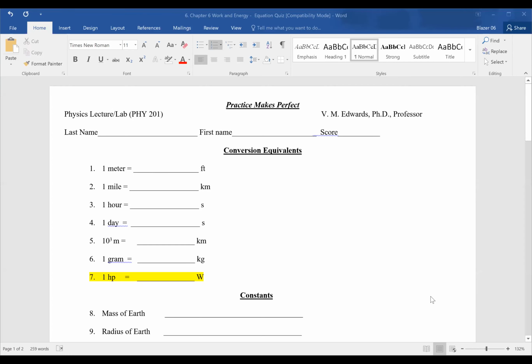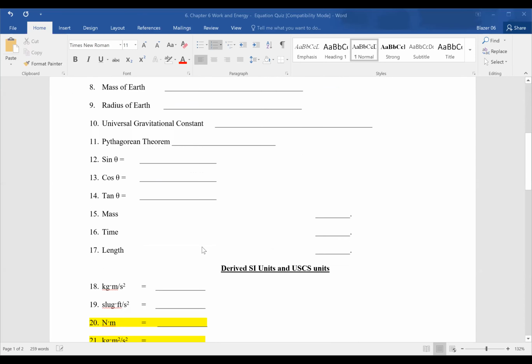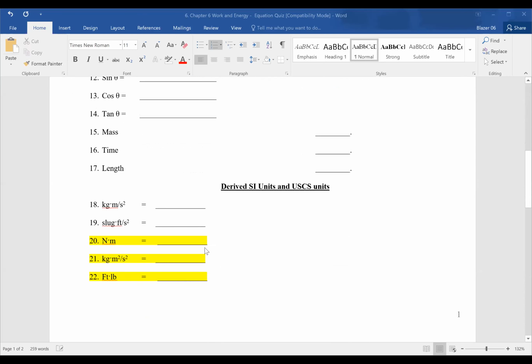So I hope that you all received this new equation quiz. It's abbreviated, but I did put some of the information that you had from previous ones on this one. And this one has highlighted the new content. Of course, when you print it, you can take away the highlights. So here you see I have derived units. We've already derived two already.